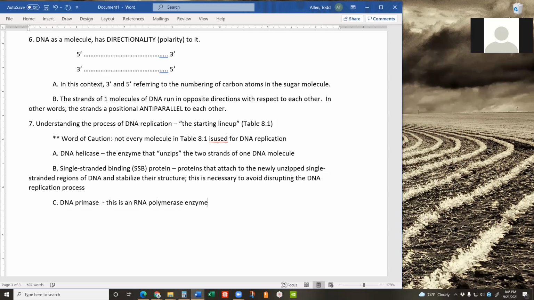This is an RNA polymerase enzyme that manufactures fragments of RNA needed to prime new DNA synthesis.